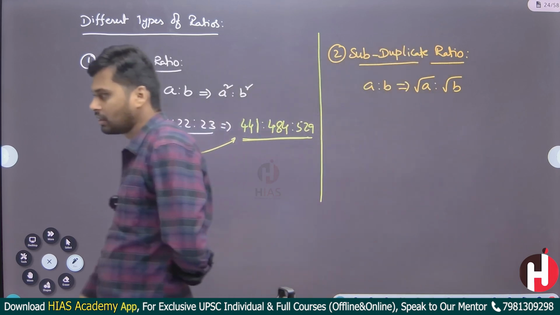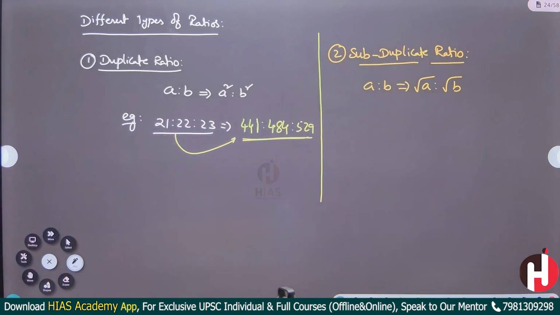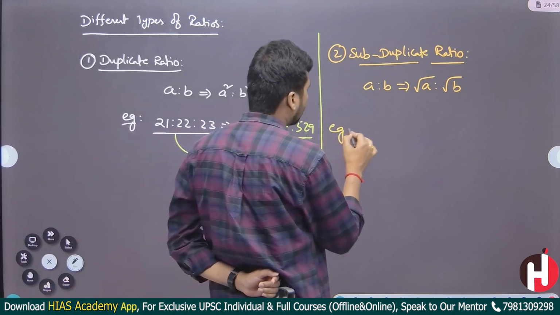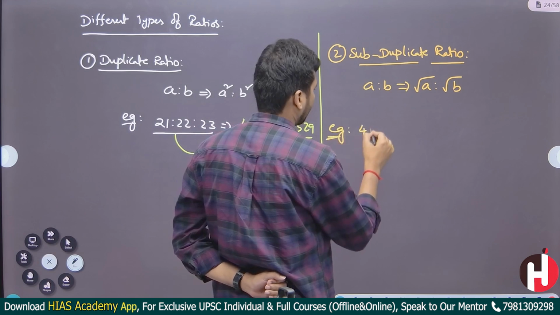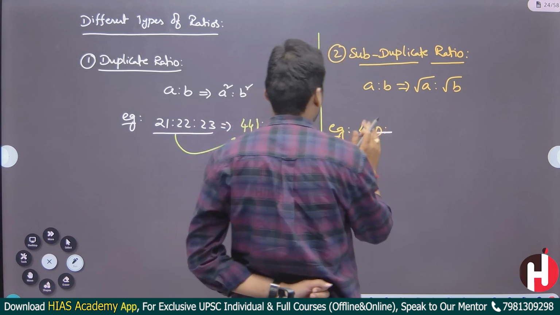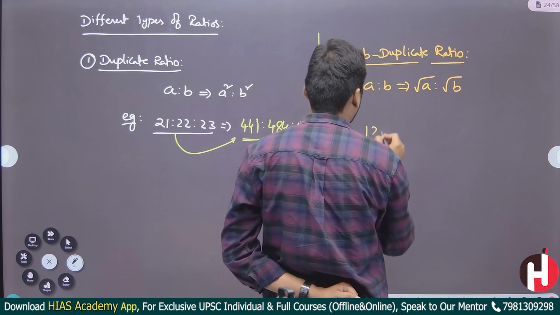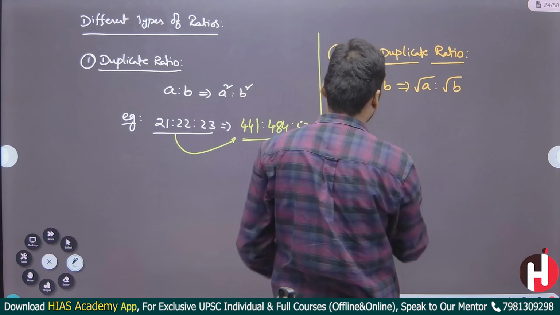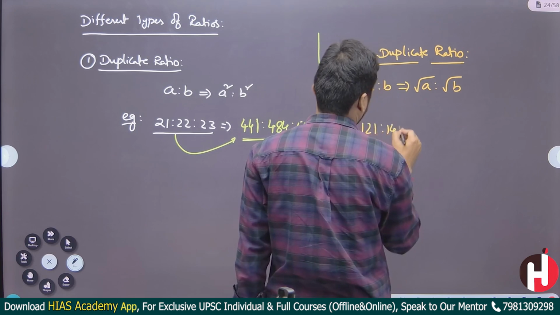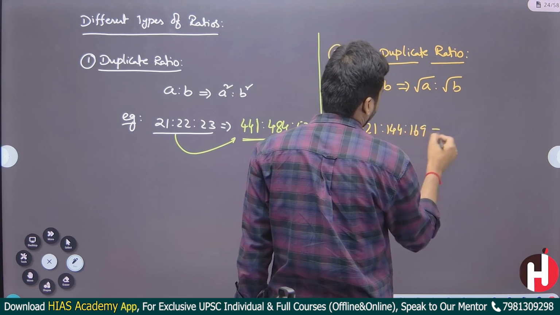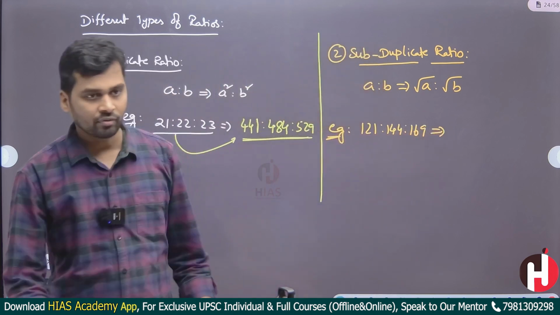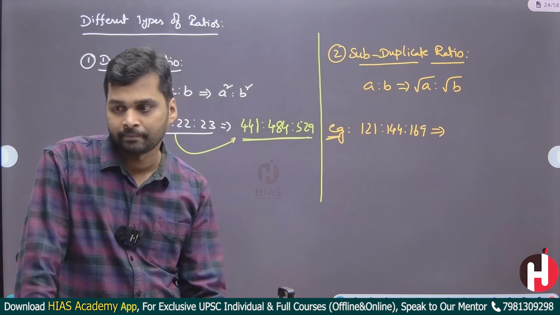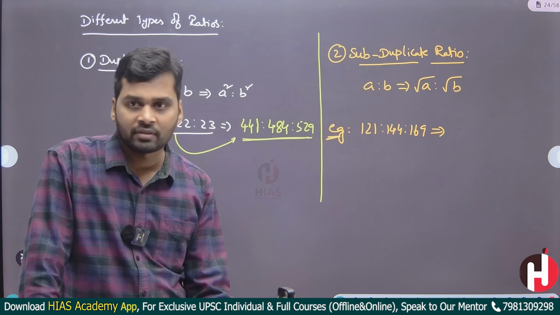Subduplicate ratio is taking the square root of the given terms: square root of A is to square root of B. For example, tell me the subduplicate ratio of 121 is to 144 is to 169. 11 square, 12 square, 13 square.